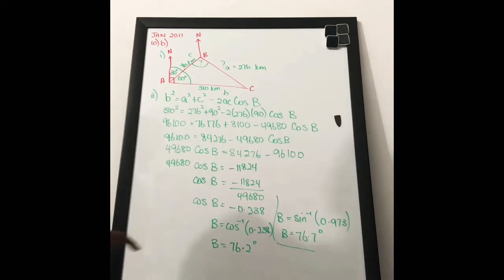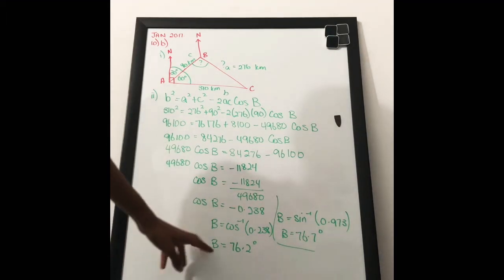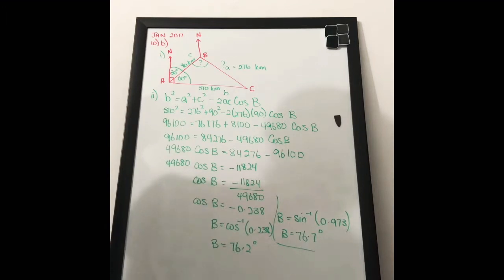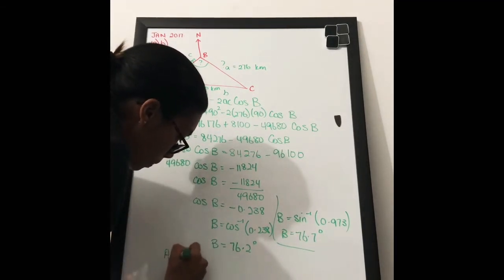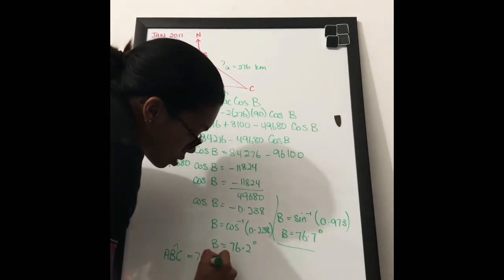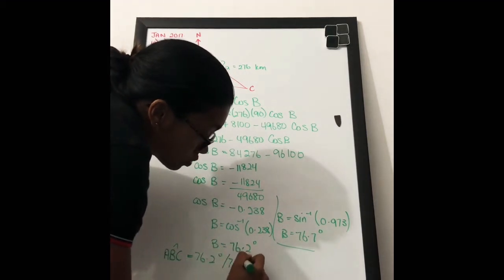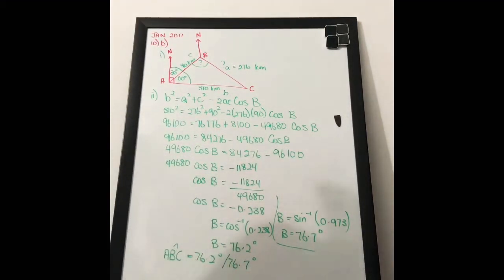Your angle ABC is 76.2 or 76.7, whichever rule you choose to use.